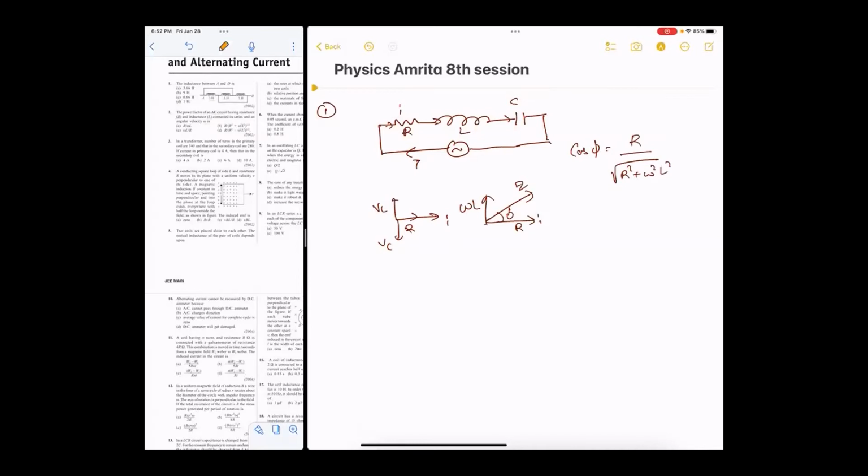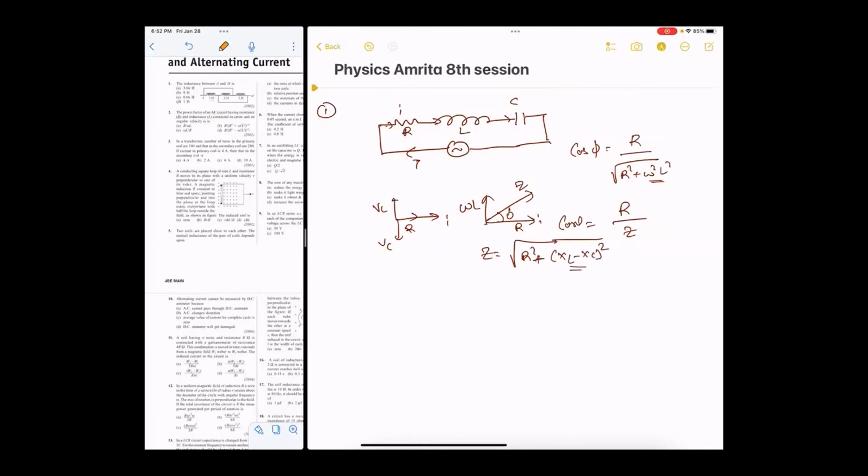If there was a capacitance there, we would have written R square plus, instead of omega square L square, 1 by omega square C square. So generally, what is the formula of cos phi? R by Z basically. Z is equal to root of R square plus XL minus XC whole square, or XC minus XL whole square. Anything is fine.